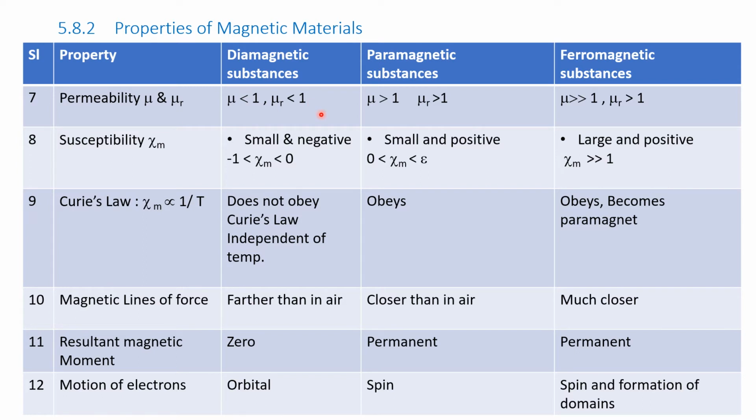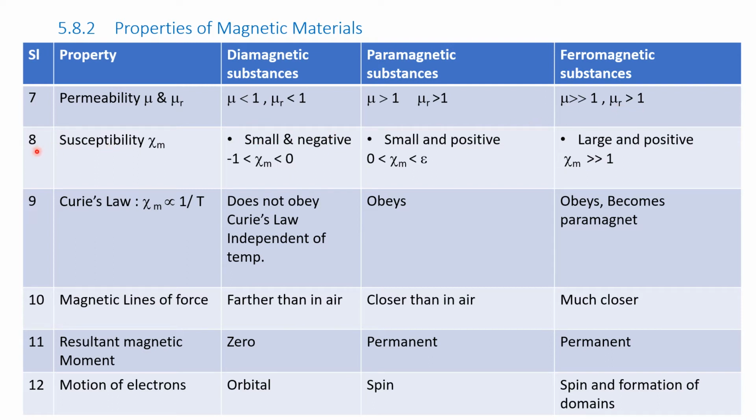Whereas in the case of paramagnetic material, mu, the permeability constant, is greater than 1. Relative permeability is also greater than 1. But in the case of ferromagnetic material, it is very high, far greater than 1, and relative permeability is also more than 1.